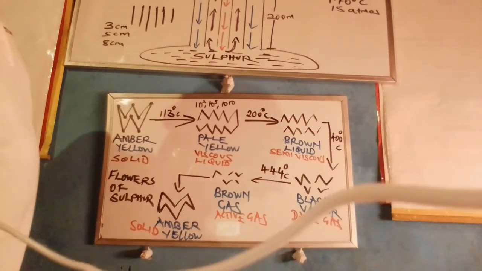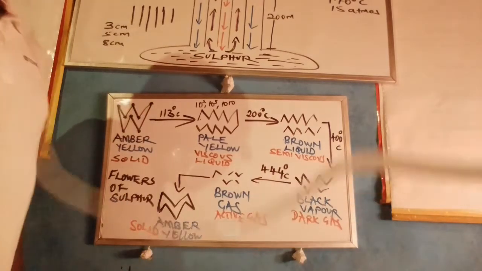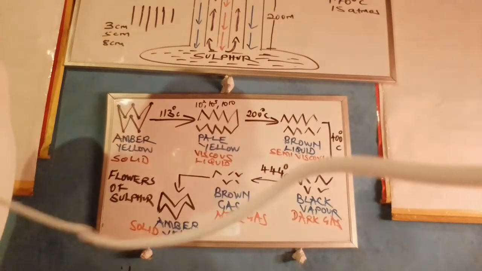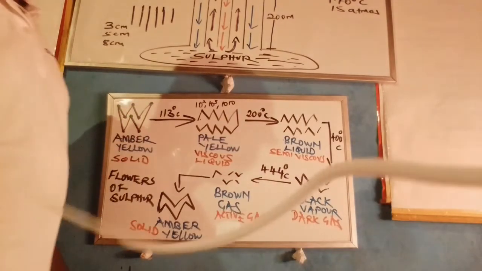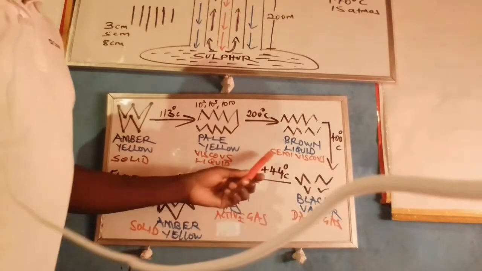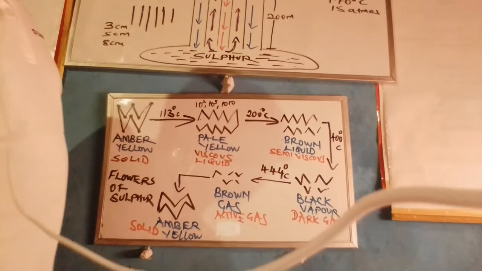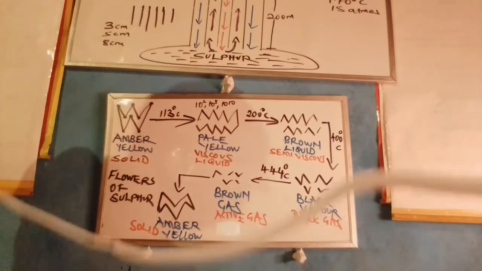Continued heating of the viscous liquid at roughly 200 degrees Celsius reduces the viscosity or the turbidity of the liquid, and it becomes semi-viscous, and the color becomes even darker brown.